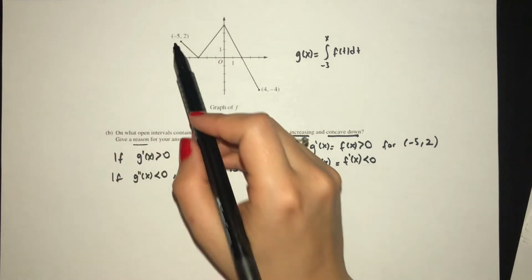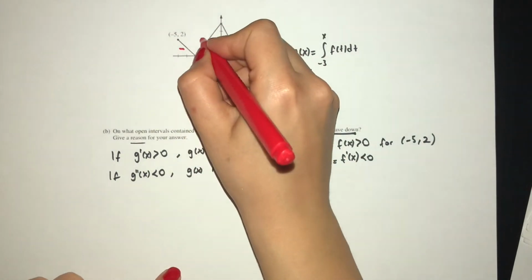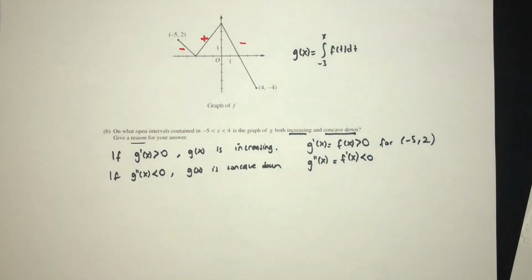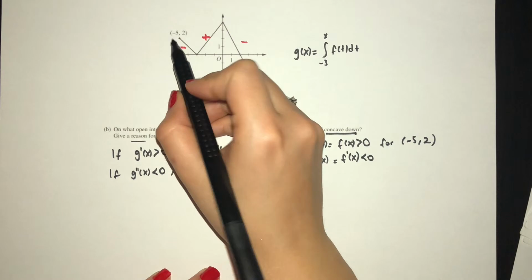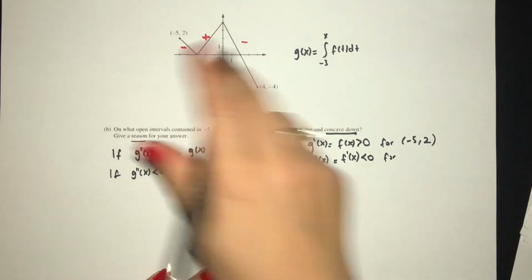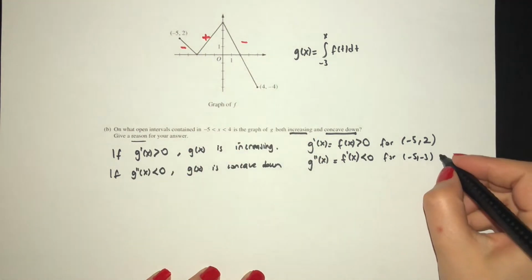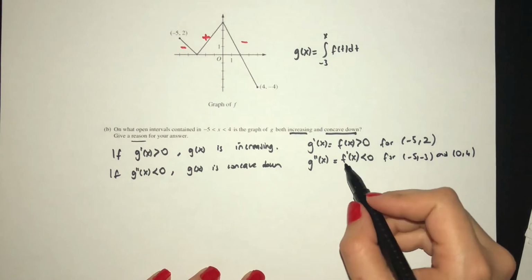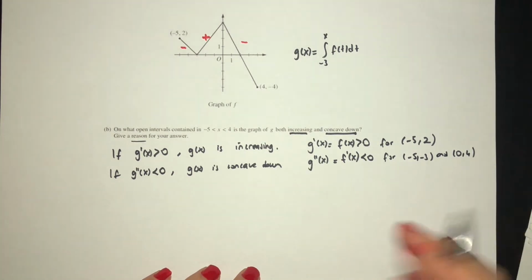Okay, here f is decreasing, f is increasing, and f is decreasing. Decreasing intervals will be f prime x less than 0. This is why -5 to -3 and 0 to 4 are the intervals for the derivative less than 0.